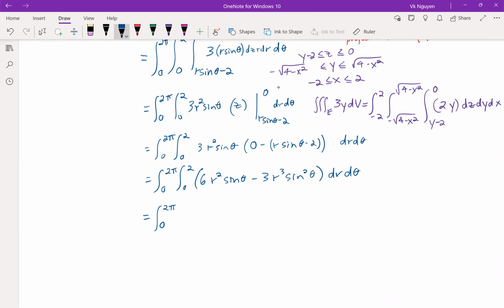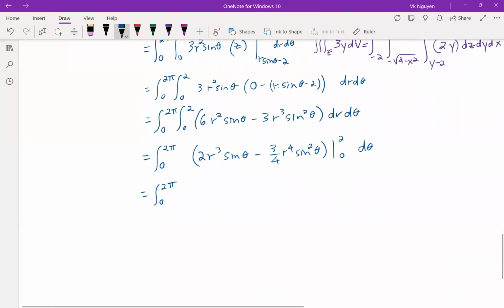This with respect to the radius is not too bad. So r cubed over 3 is going to be 2r cubed sine theta minus 3 over 4 r to the 4 sine squared theta, from 0 to 2, d theta.